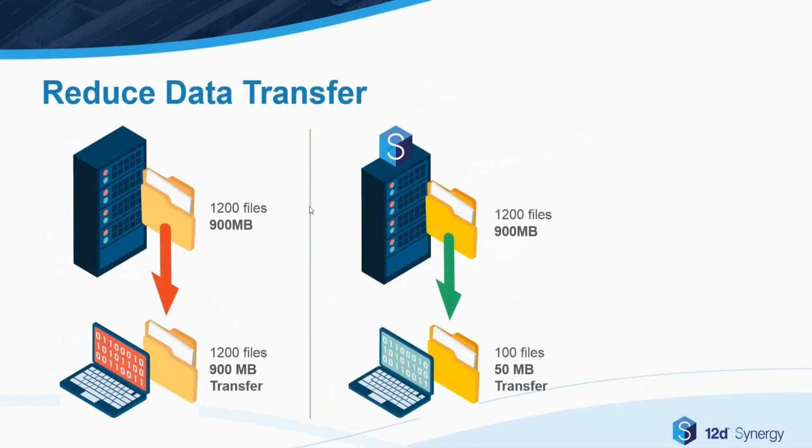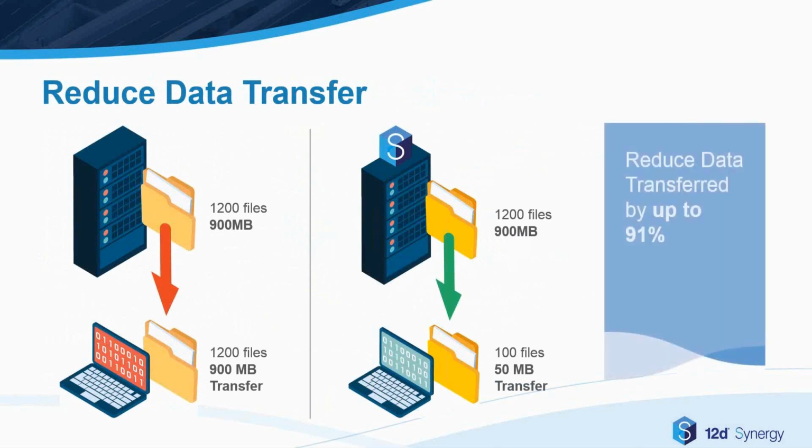And what we've found, I mean, some of our customers have been using Synergy for 5 and 6 years, and we've been having a look at some of their raw data on how much they're actually transferring as opposed to how big the actual 12D model project is. And it reduces your data transfer by up to 91%.